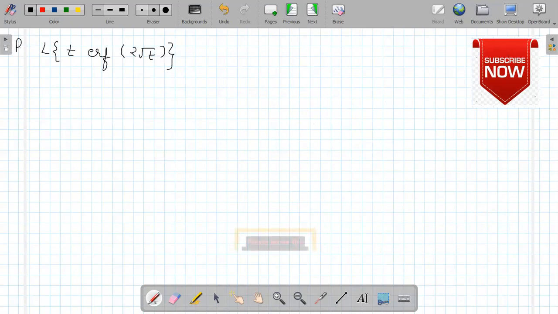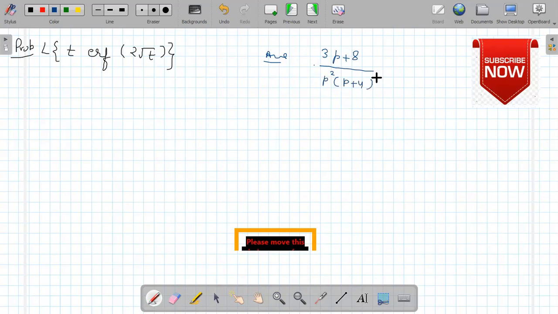So this is a problem for your practice, and the answer of this problem is (3p plus 8) whole divided by p square into (p plus 4) raised to the power 3 by 2. Okay, you can try this question.